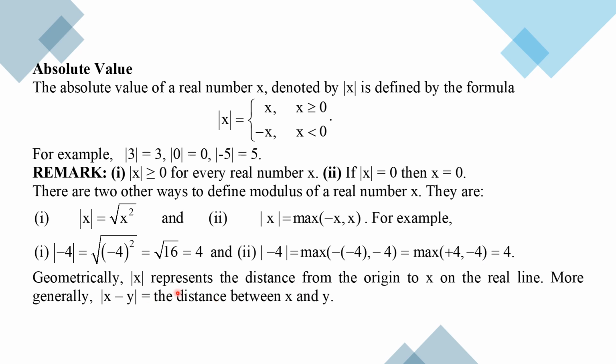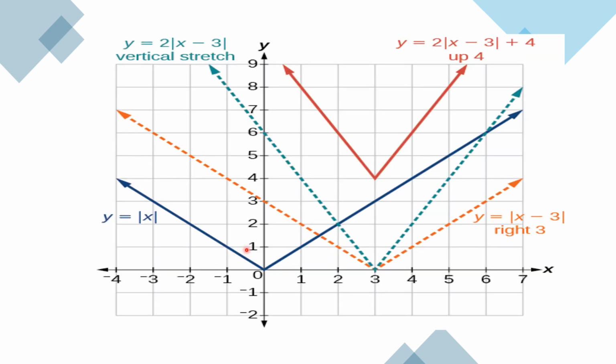Geometrically, the modulus or absolute value represents the distance from the origin to x on the real line. More generally, mod of x minus y represents the distance between x and y. Here are some graphs. The blue line represents y equals mod x, and the dotted line represents y equals mod of x minus 3, and that line represents 2 mod of x minus 3, and here 2 mod of x minus 3 plus 4.